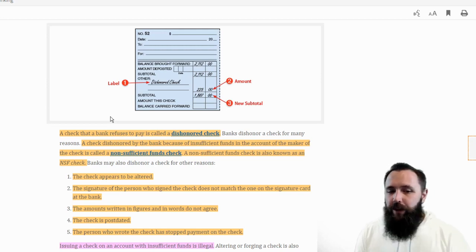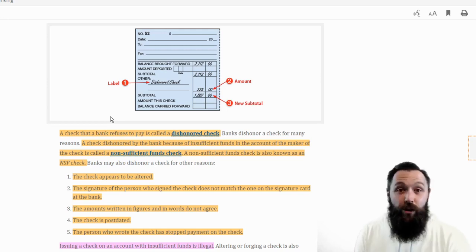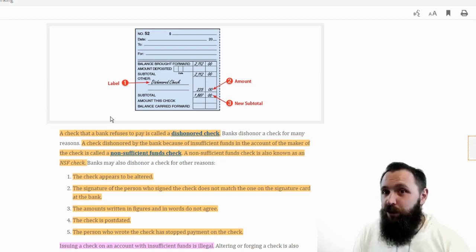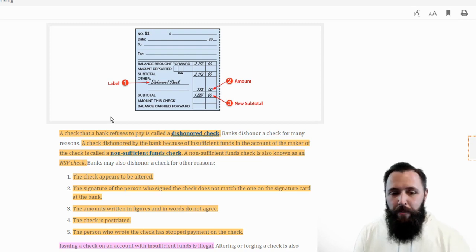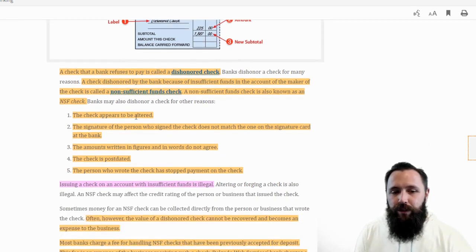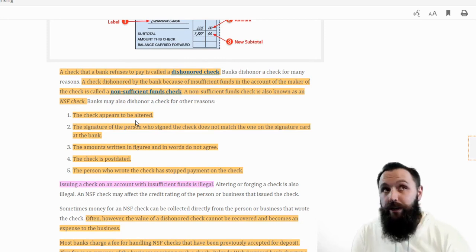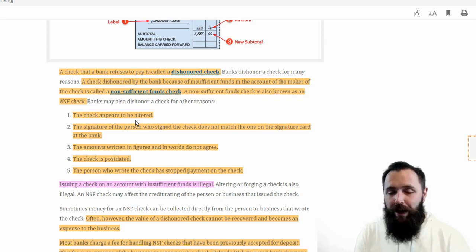If it is dishonored because there's no funds in the customer's account, that's called an NSF check, or non-sufficient funds check. And there are some other reasons why a check might be dishonored. If it appears to be altered, the bank's going to say, nope, we're not going to cash it.